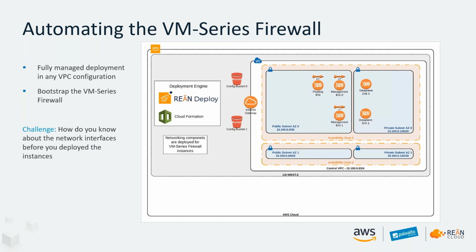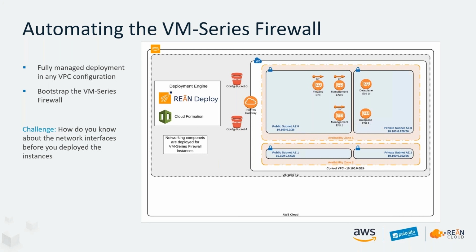Now, here lies the first challenge and something that we came up with, we think, as a fairly elegant solution. The challenge was, because we realized we were going to need to deploy multiple VM series, we wanted the flexibility to do that in a consistent fashion. But when you deploy these resources, specifically the ENIs and so forth, AWS is going to assign them the IP address, and we didn't want to be limited to static IPs. We didn't want to be burdened with managing static IP addresses and trying to control that.